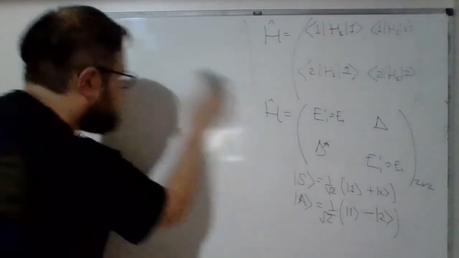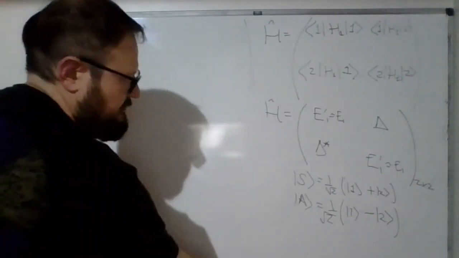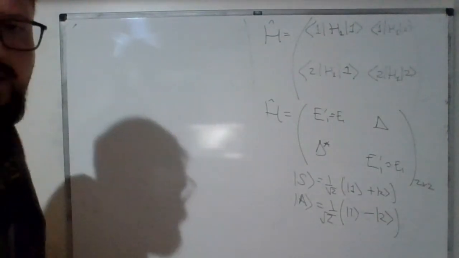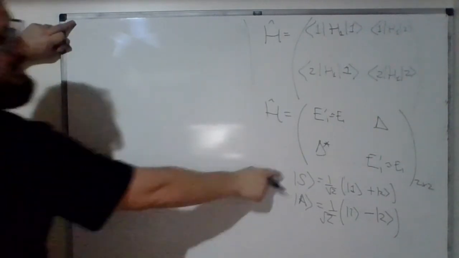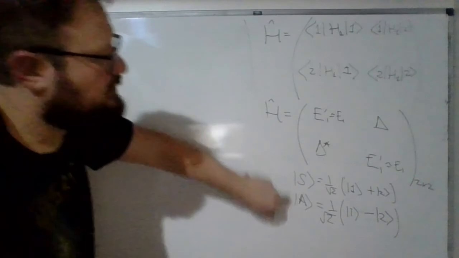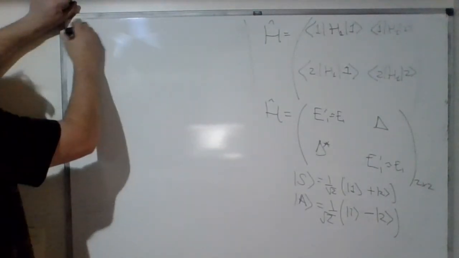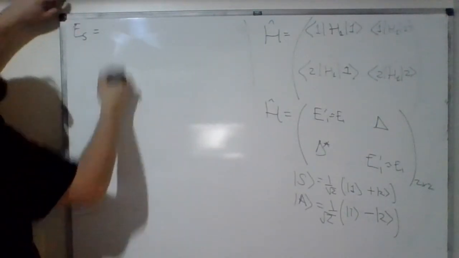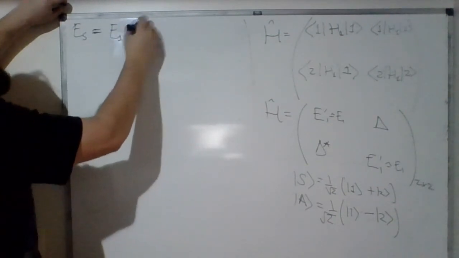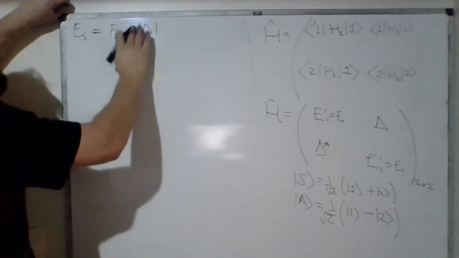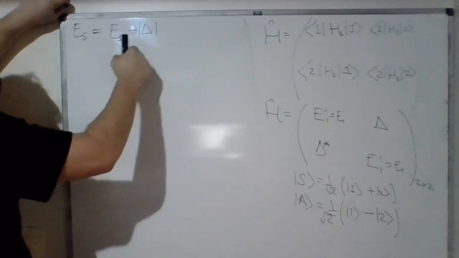And also, since you have these states, you can calculate the tunneling. How can you calculate tunneling? Well, you have the states, you'll calculate the energies. So the symmetric state will have some energy nearly equal to E1 minus some delta in modulus. Sorry, this is the lower level.